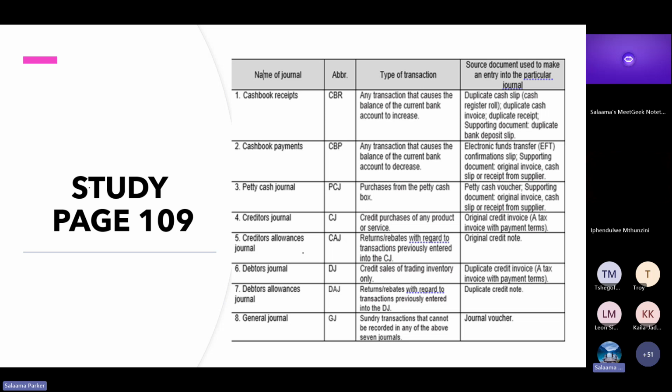Okay, cash slip, cash register roll, cash invoice, receipt, EFT confirmation slip, petty cash voucher. If you know those important source documents, they can help you to identify which transactions need to be recorded into which subsidiary journal.